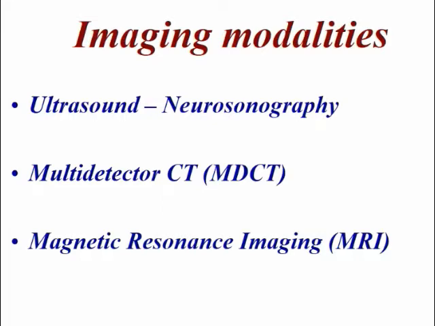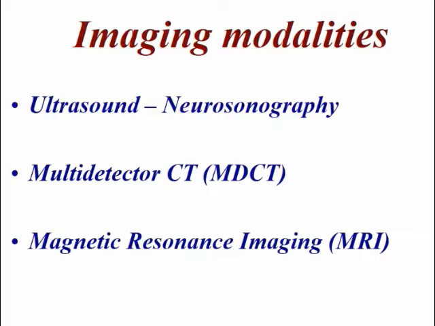It could be hemorrhage, or it could be some encephalomyelitic changes, or an extra-axial collection can be picked up on neurosonography. When it comes to CT, now, the difference between MDCT and MSCT is just in those alphabets.